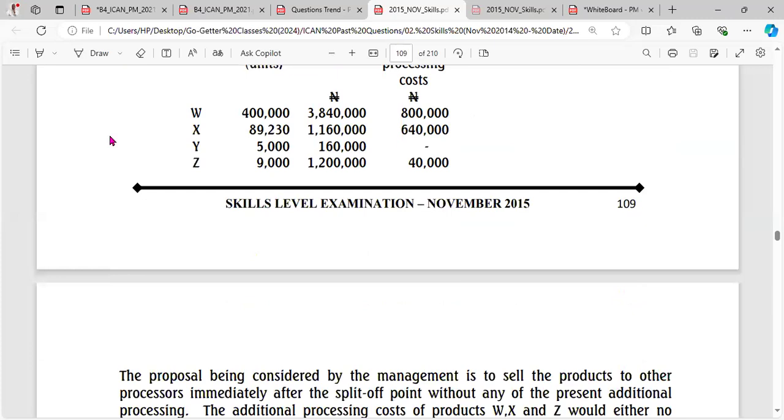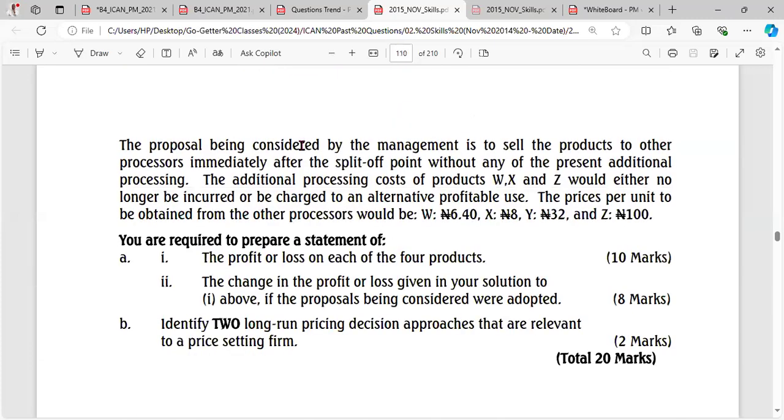Now we are told that the proposal being considered by the management is to sell the products to other processors immediately after the split-off point without any of the present additional processing. The additional processing cost of W, X, and Z would either no longer be incurred or be charged to an alternative profitable use.